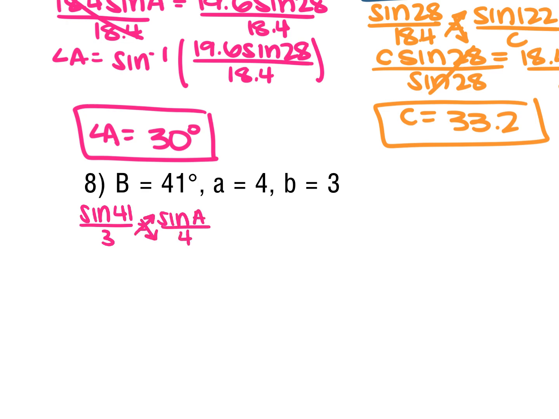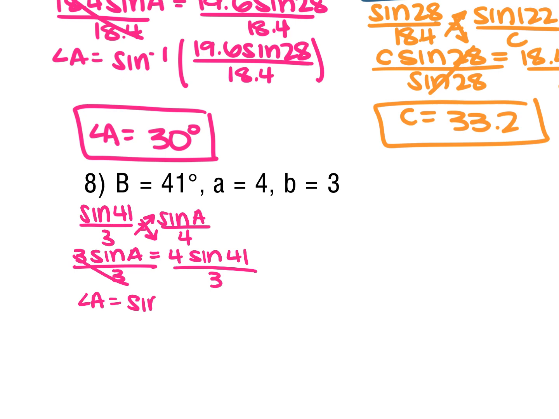Cross multiply, that's going to be 3 times sine A is equal to 4 sine 41. From here, we divide each side by 3. So angle A is equal to the inverse sine of 4 sine 41 over 3. Using our calculator, inverse sine, fraction, 4 sine 41 over 3 gives us 61 degrees for angle A.